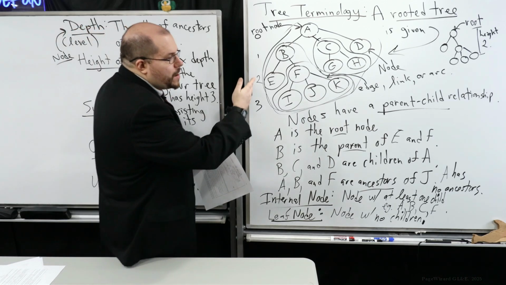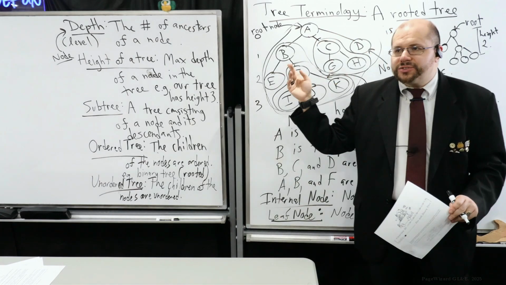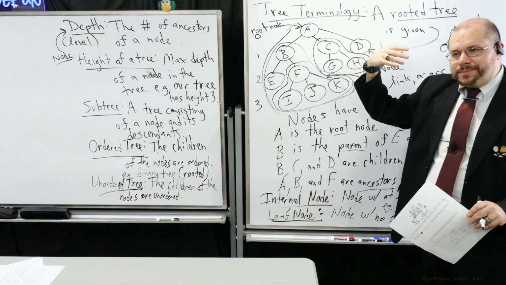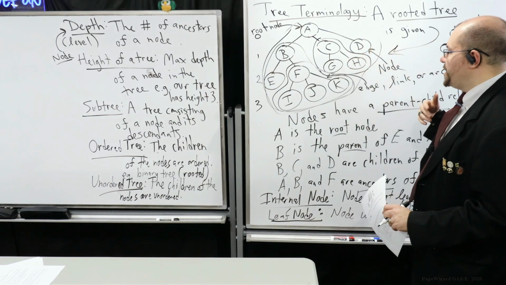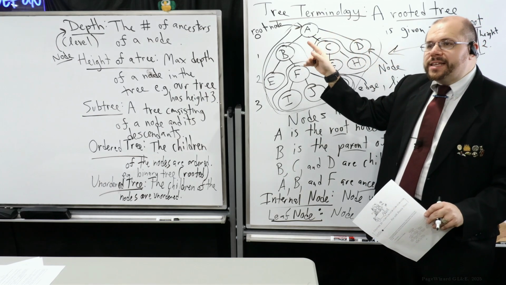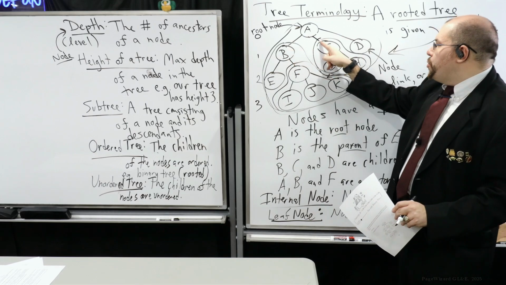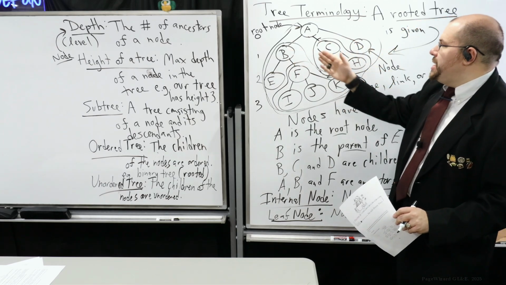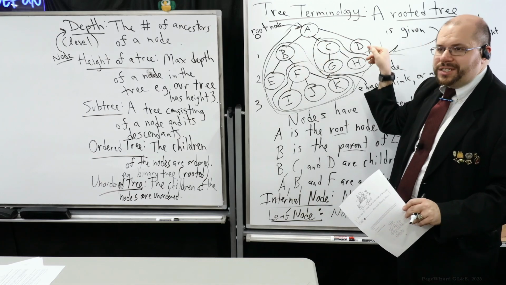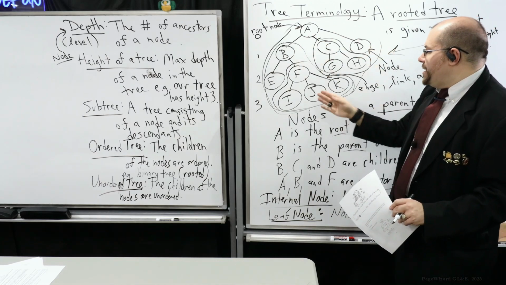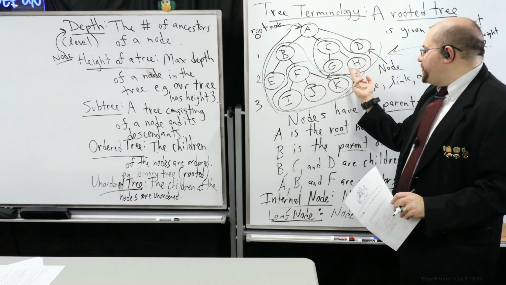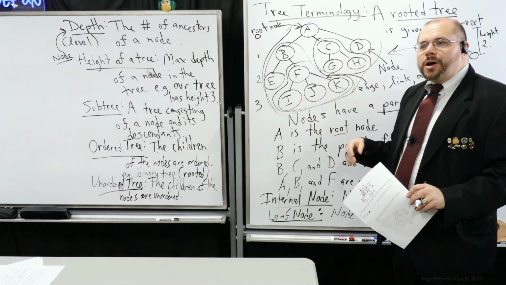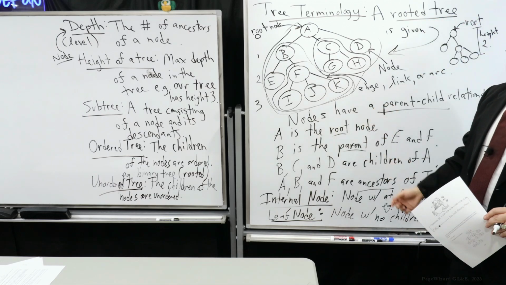Just as a hypothetical here, suppose that for this tree there was a special meaning for B coming before C because they're letters in the English alphabet. Perhaps I've dictated that this is an ordering of the children based on the letters, like B comes before C because B comes before C in the alphabet. Likewise, you'll notice the same thing is true on all these levels. But if I switched a couple of these around, like I and J, that may not make it ordered in that hypothetical example.